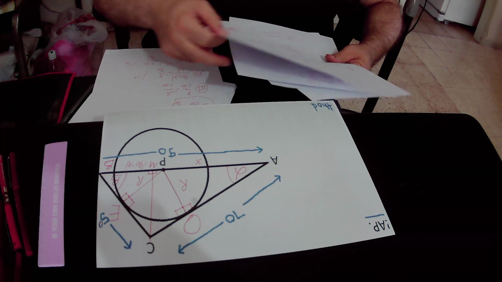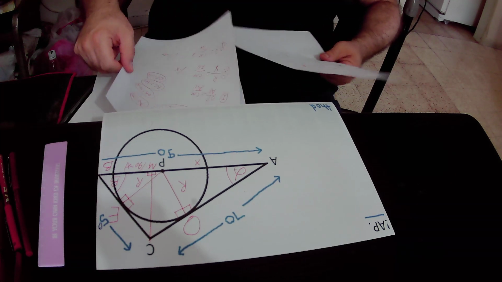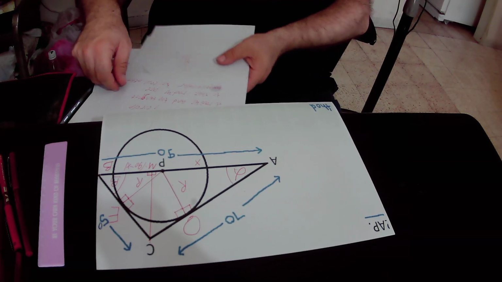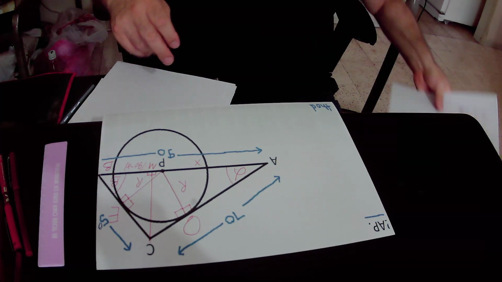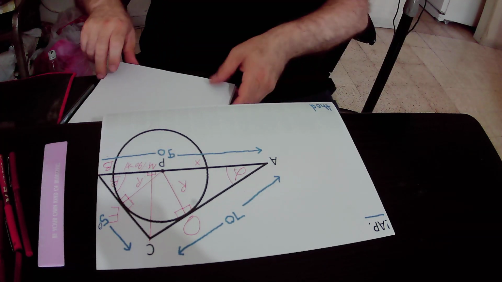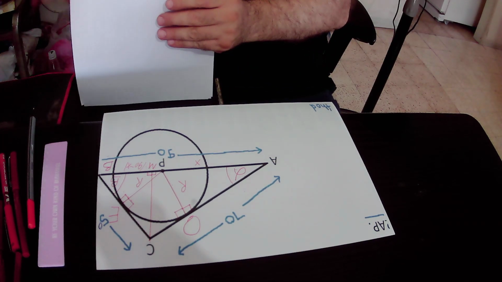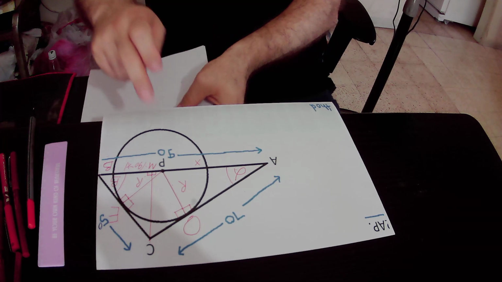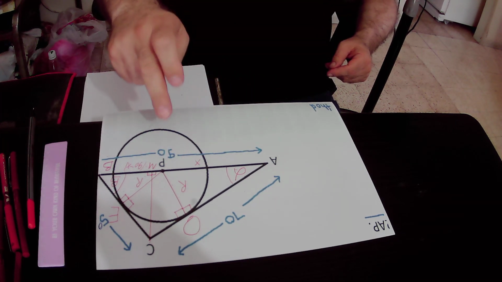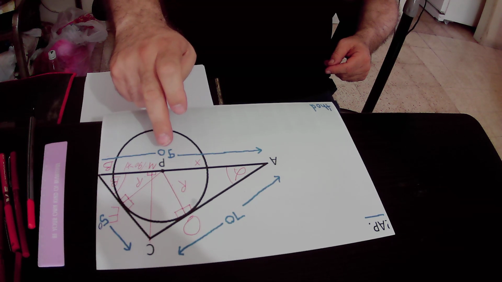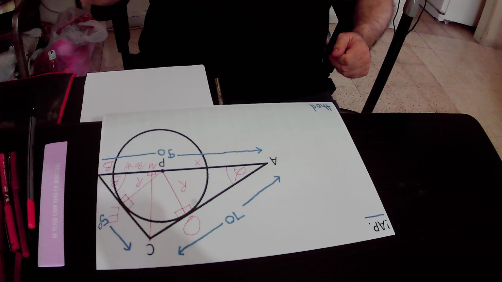And we have a circle. The center of this circle is point P. Point P is the center of the circle, and also point P is situated on side AB of the triangle.